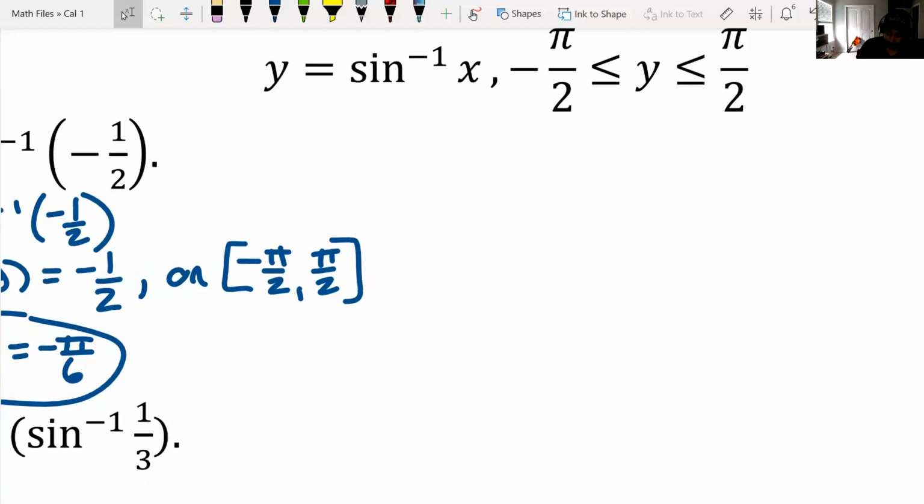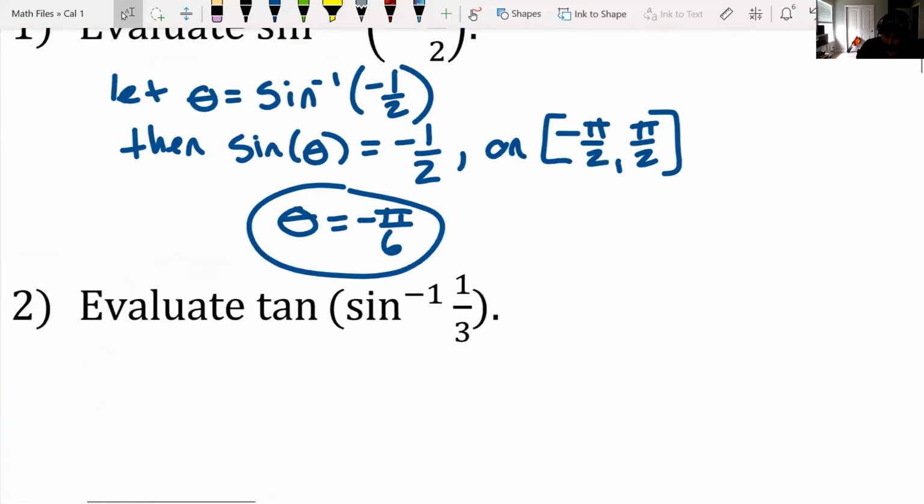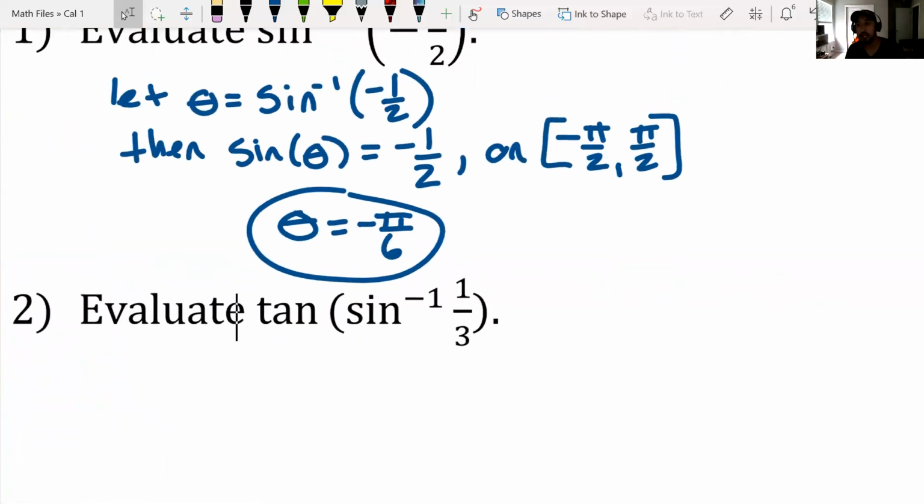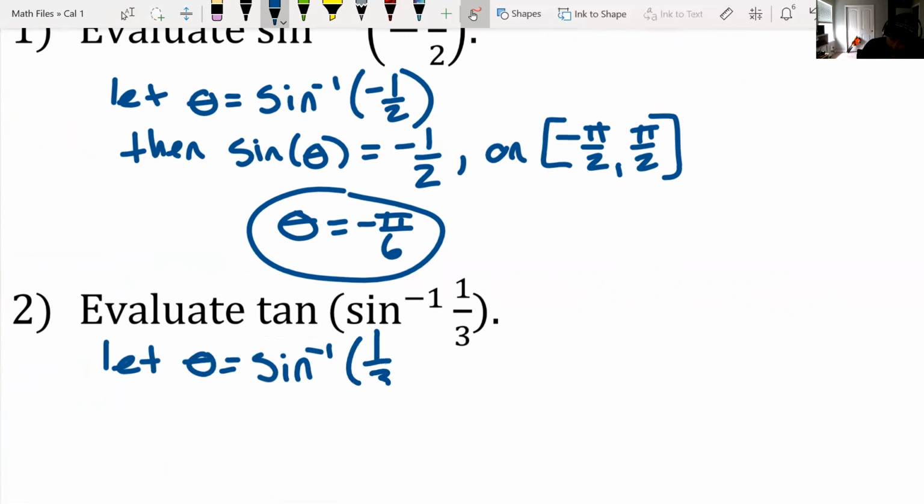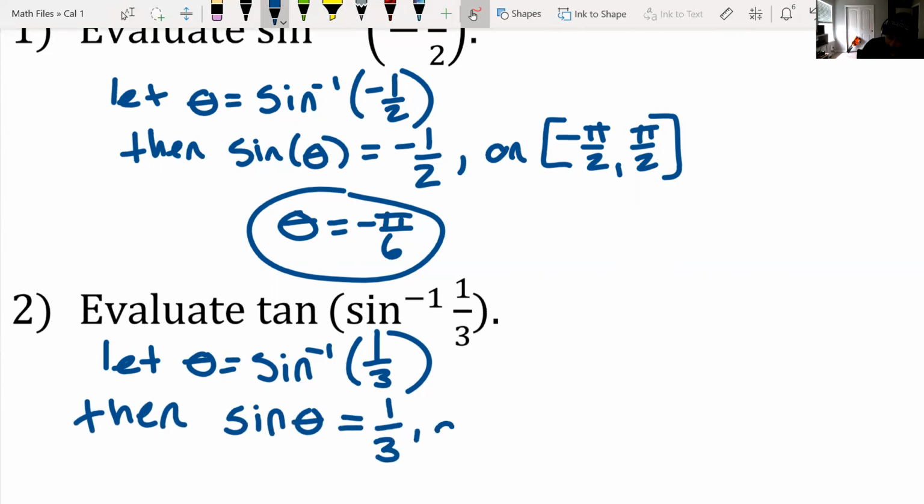Now handling this one, we want the tangent of inverse sine of 1/3. Again, we let theta equal the inverse sine of 1/3. Then sine theta equals 1/3 on negative pi over 2 to pi over 2.